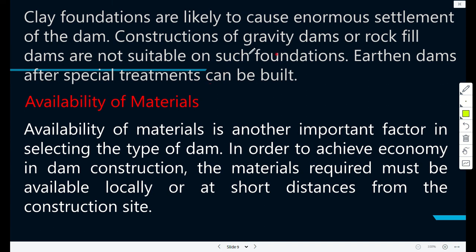That should be self-explanatory because I'm sure now you've done enough soil mechanics. This is why one of the requirements for this course is soil mechanics, to understand that clay foundations are troublesome and have a lot of issues, settlement being one of them. Even for over-consolidated clay, it is basically troublesome.